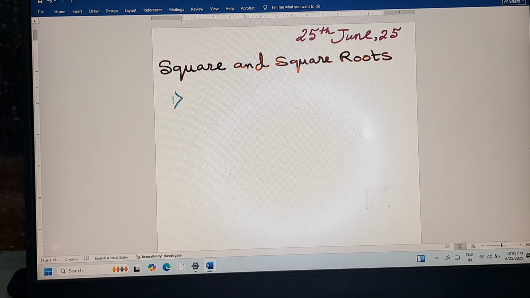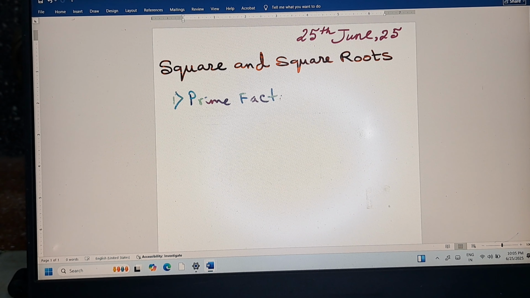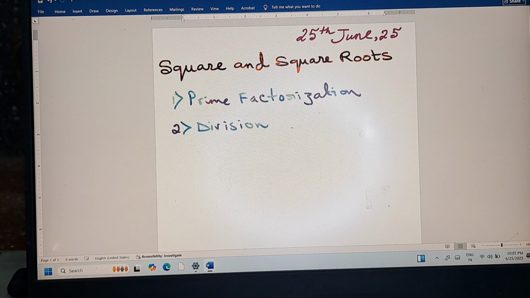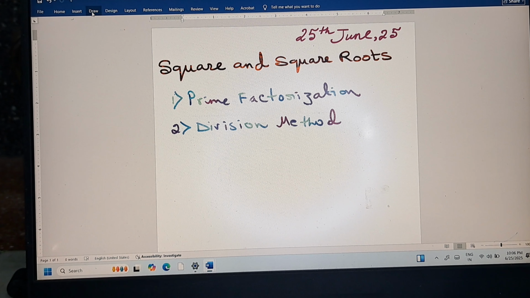The first method is called the prime factorization method. Very important. This method we have already learned to find the HCF and LCM, followed by the division method. So these are the 2 methods we will use to find the square root of a number.